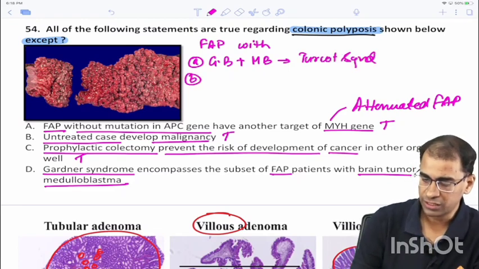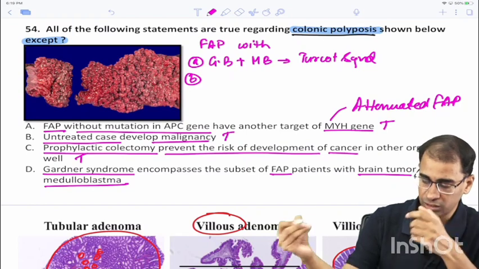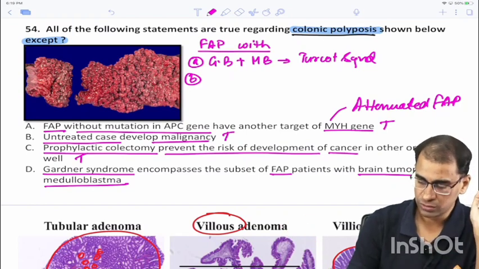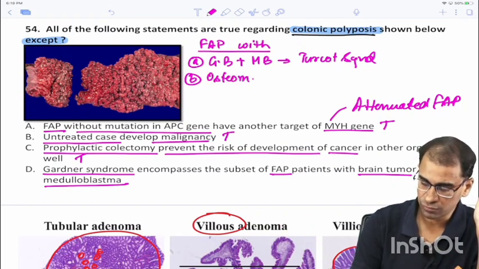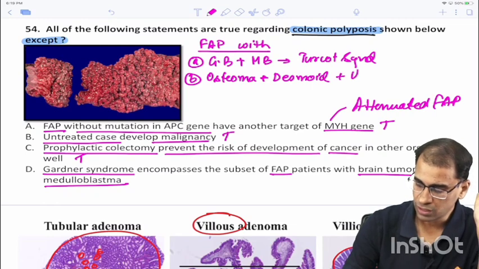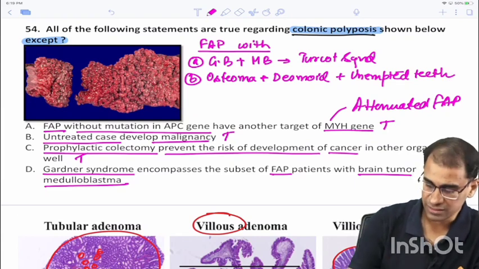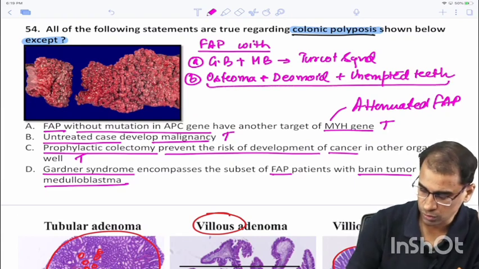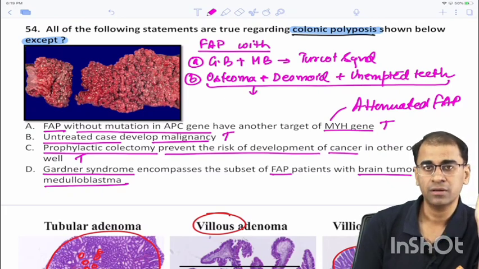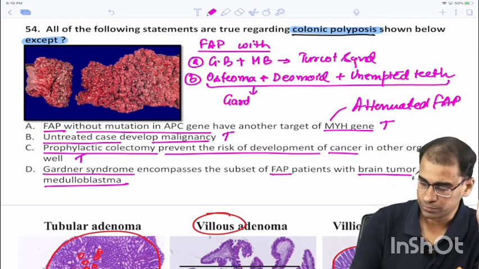And if you see a patient of the FAP with multiple osteomas of the bone, desmoid tumor, along with unerupted teeth, these all become what? They become Gardner syndrome.